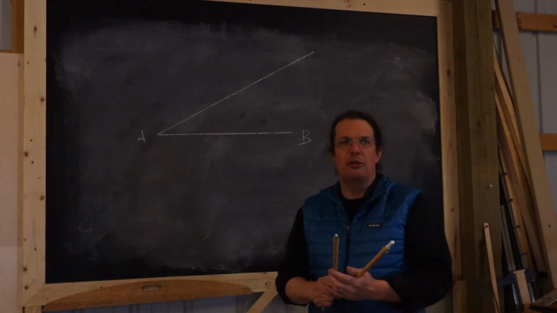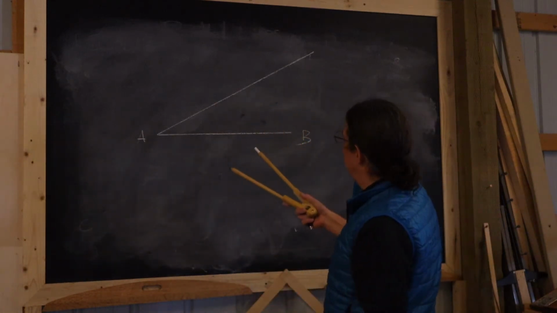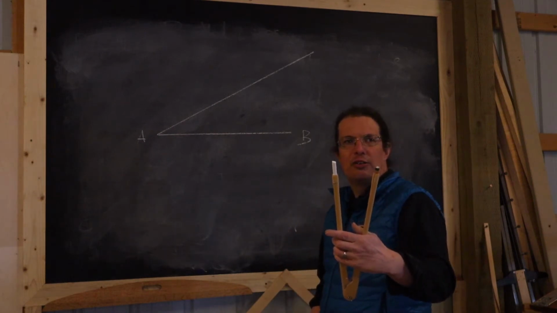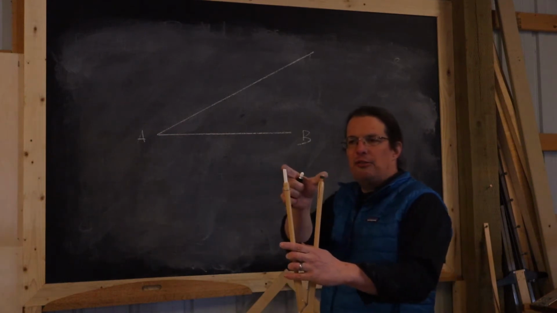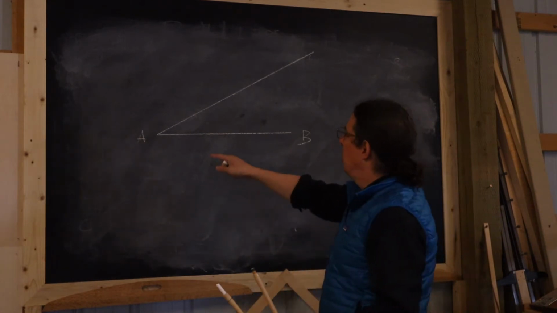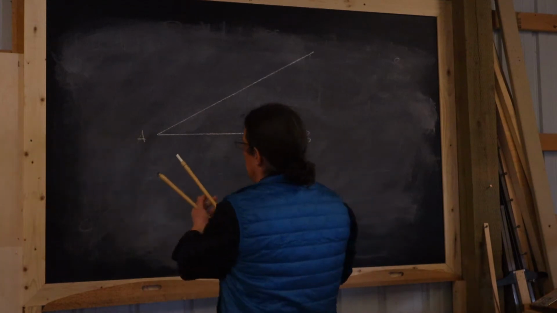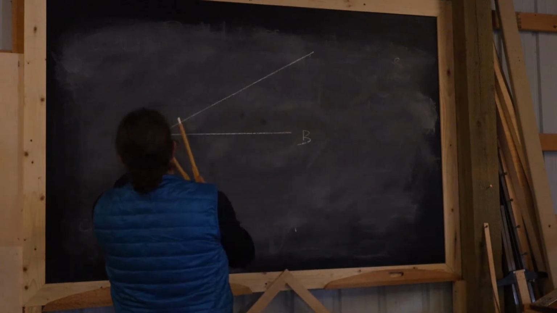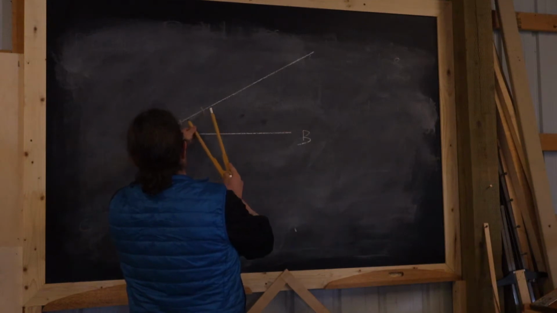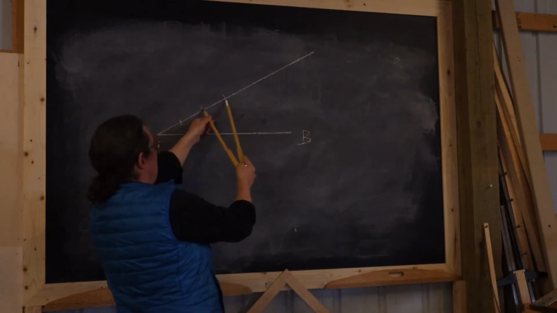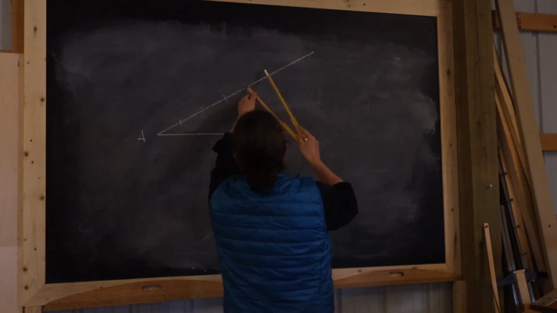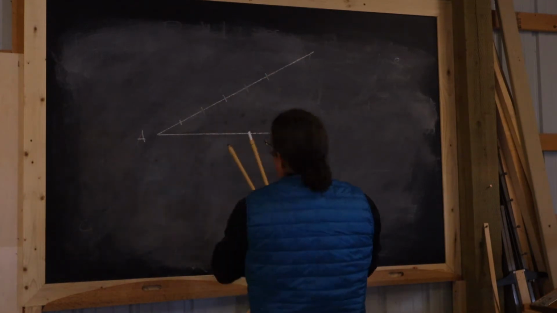Now what I'm going to do is eyeball that segment, and try to set my compass to a smaller size so that I ought to be able to fit 5 steps of this size onto this new line. So I'm going to start at A, mark off once, twice, 3 times, 4 times, and a 5th time.